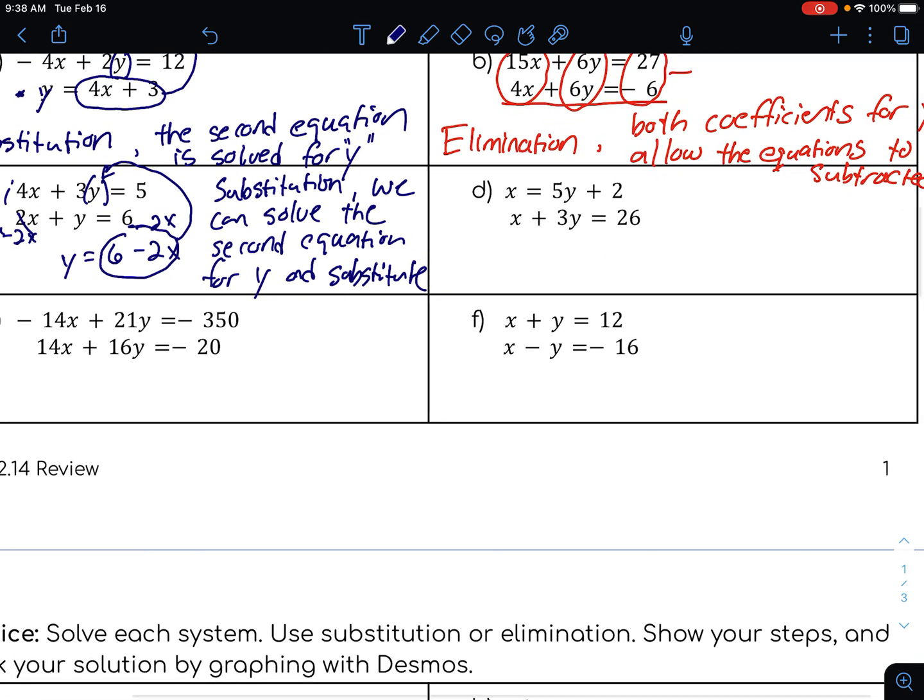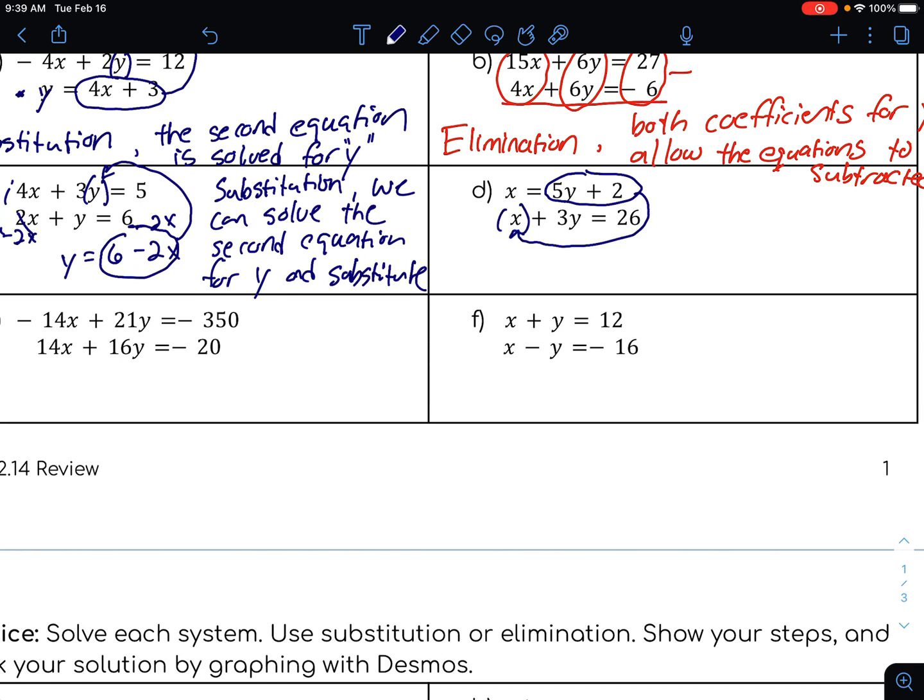All right, let's look at D here. Once again, let's think about substitution. Is one of the equations solved for x or for y? In this case, yes, the first equation is solved for x. We have x by itself, which means that we can take what's after that equal sign, the 5y plus 2, and we can substitute it into the second equation.